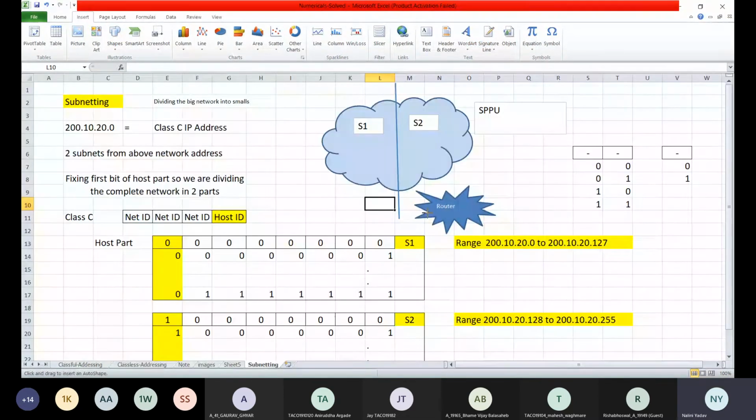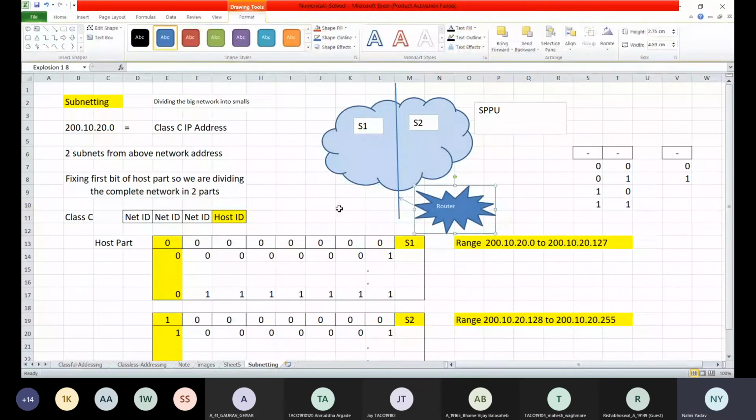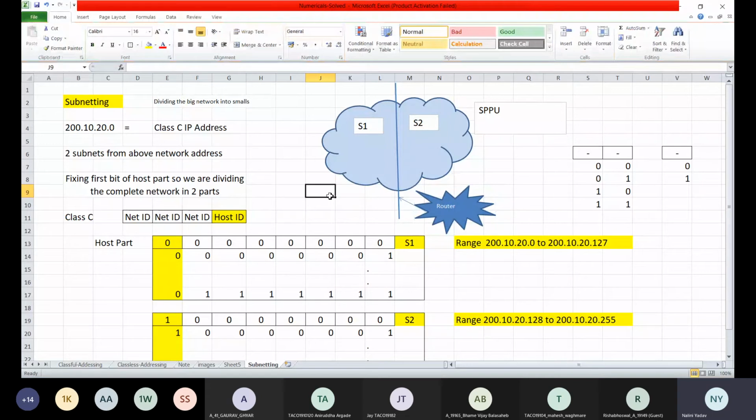So now this router is going to have the IP address 200.10.20. So this complete network has the IP address 200.10.20. Now again, inside this network there are two subnets, right? So this complete network is known by this particular IP address, right?